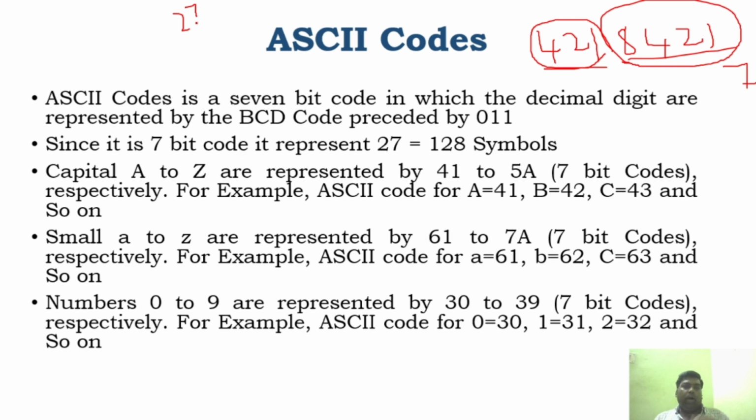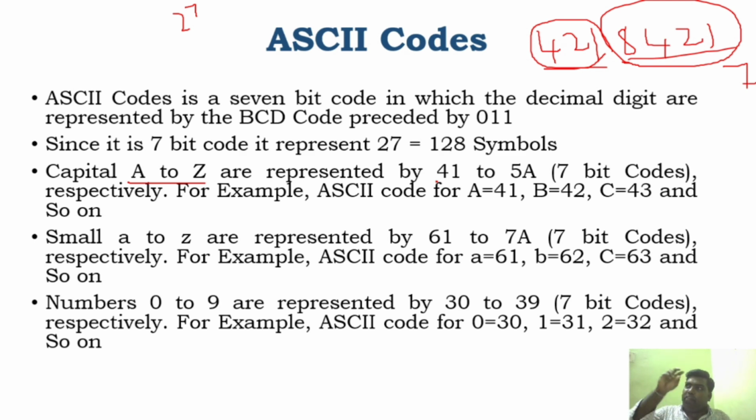Okay, and now as I said before, you can represent alphanumeric characters, that is alphabets, numerals, special characters. And you have a special representation for all the alphabets and numbers. If it is capital A to Z, then you can represent using ASCII codes this way, that is 41 to 5A, right? I'll show you the representation in the chart.